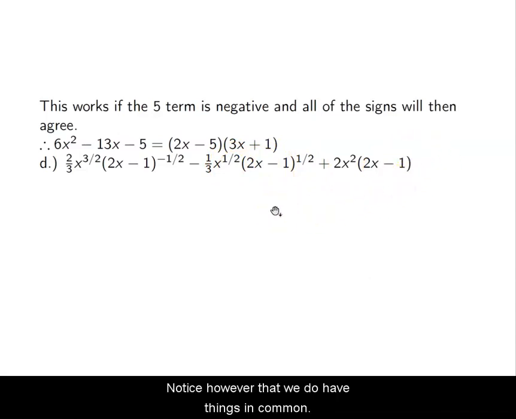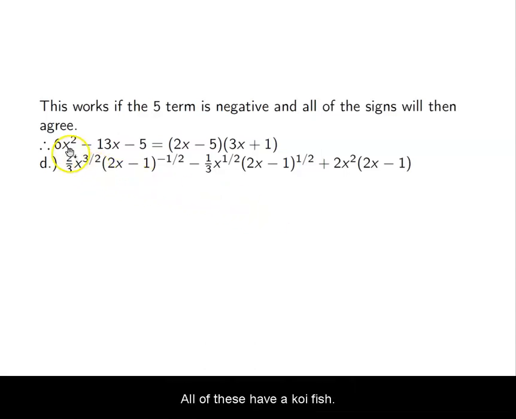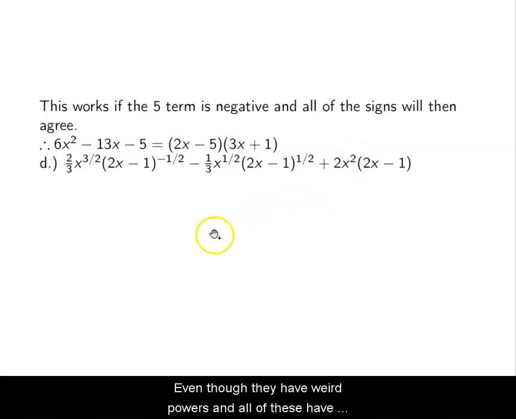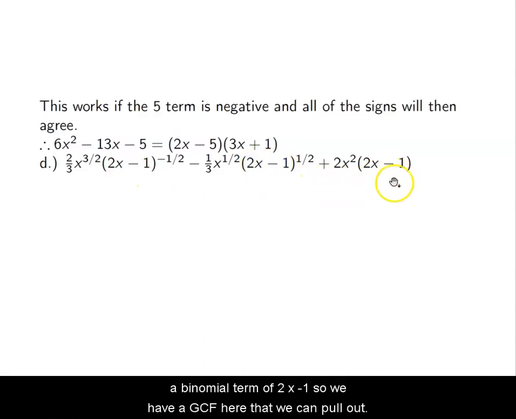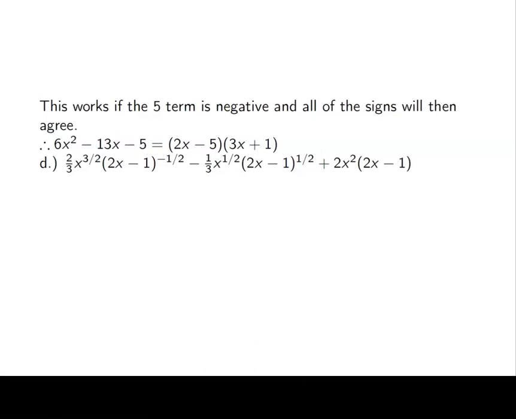Notice, however, that we do have things in common. All of these have a coefficient. All of these have a variable term, even though they have weird powers, and all of these have a binomial term of 2x minus 1. So we have a GCF here that we can pull out. Now, the question is, what is this GCF?